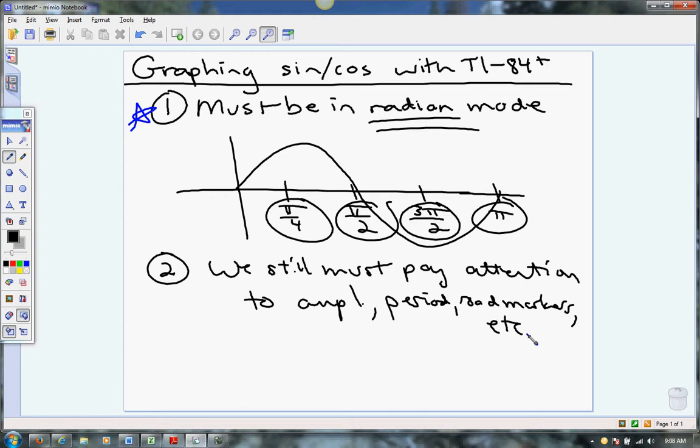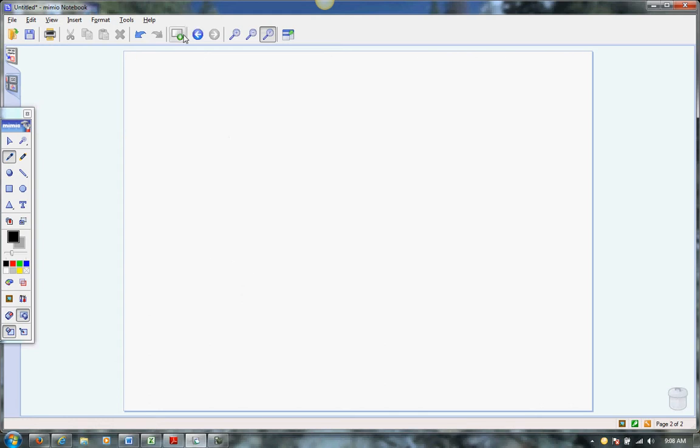Let's say that I wanted to look at, for example, y equals -2 sine of 2x minus pi fourths. The most important thing that we need to do first of all is take a look at my period.